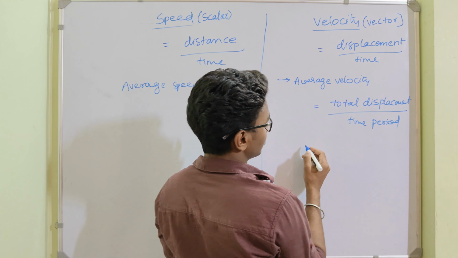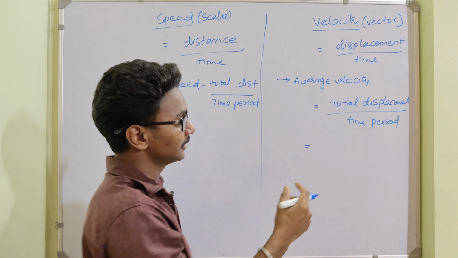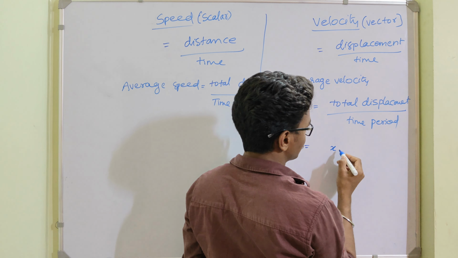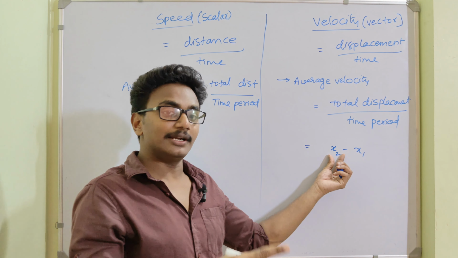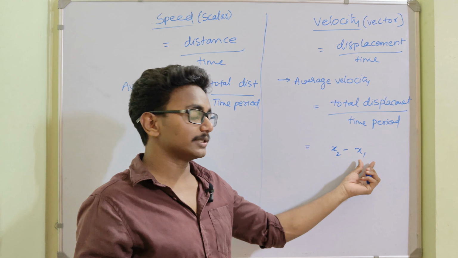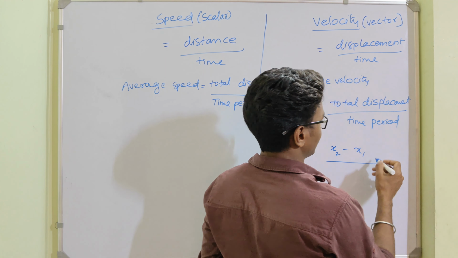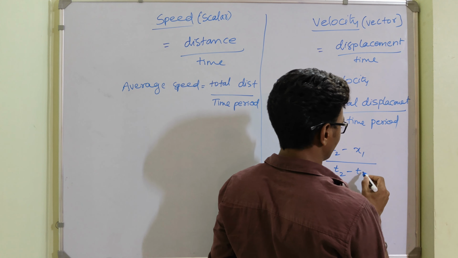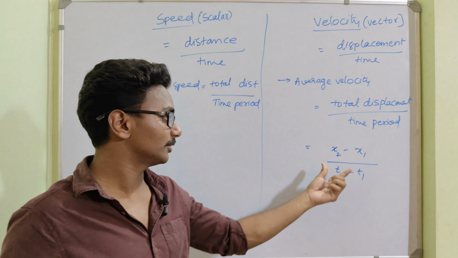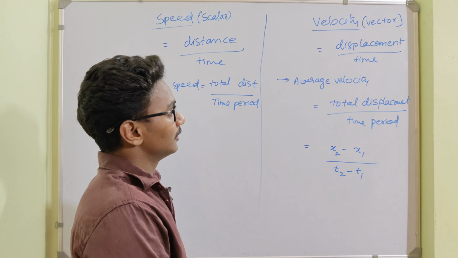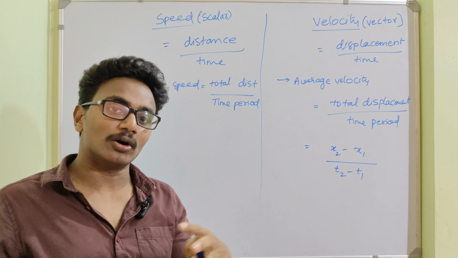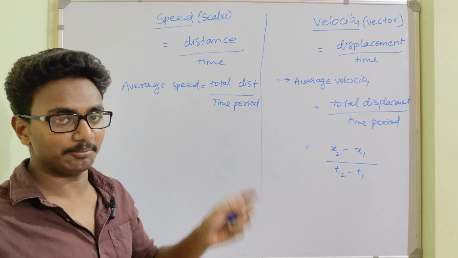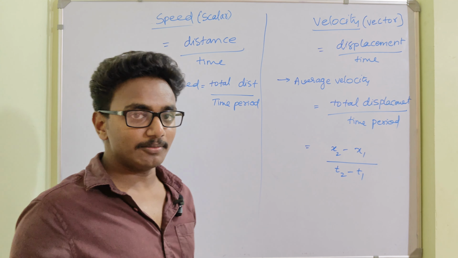Displacement, we already discussed, can be defined as x2 minus x1, where x2 is the final position and x1 is the initial position, divided by the time period t2 minus t1. These are the corresponding times for those positions. For average speed, you have to add all the distances, then divide by the time period.